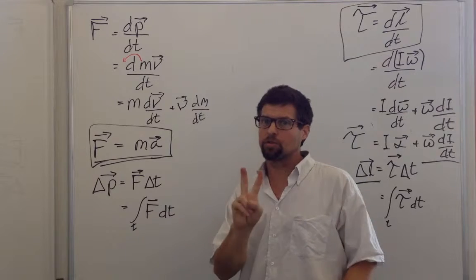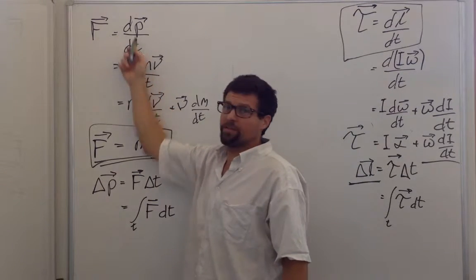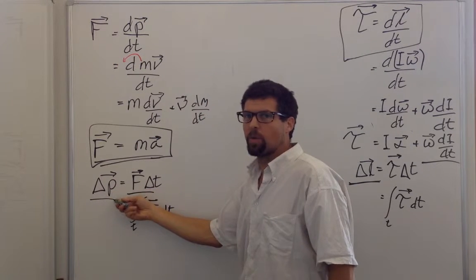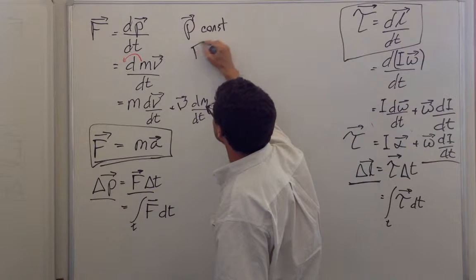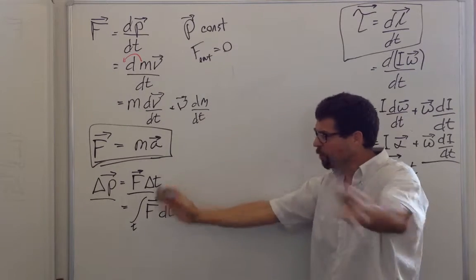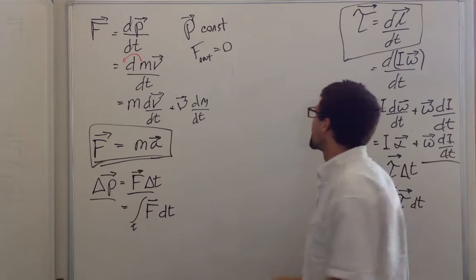This is where we get our two momentum conservation laws. If force is the rate of change of momentum, then if force is zero, there can be no change in momentum, and momentum is constant if outside forces equal zero. So no outside forces on a system, the momentum of that system must be constant.